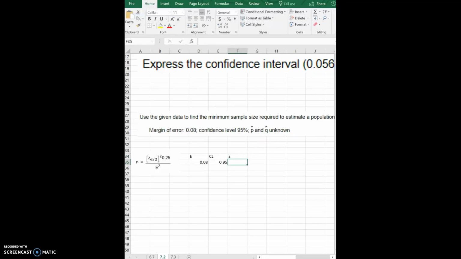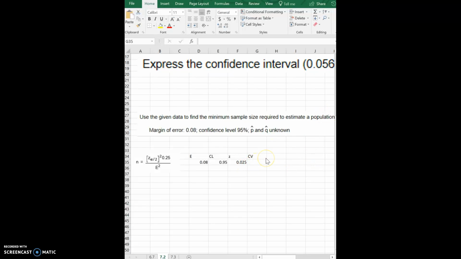Okay. So you're going to do 1 minus the confidence level, and because it's divided by 2, you divide it by 2. So 1 minus your confidence level divided by 2. There you go. That's the z. So then you have your critical value. And your critical value is just the normal inverse, and you're going to use the z value.